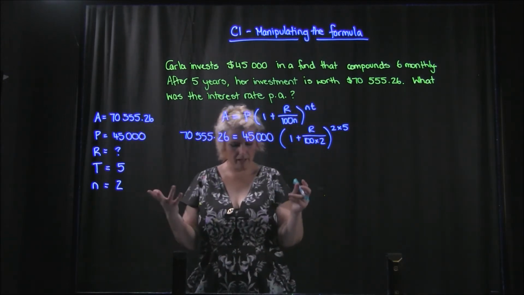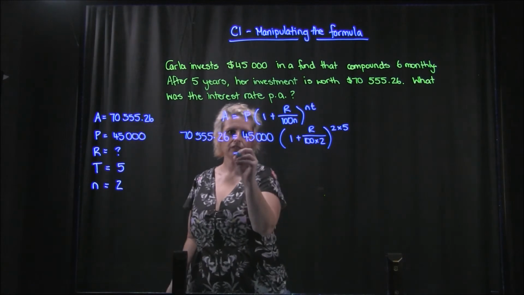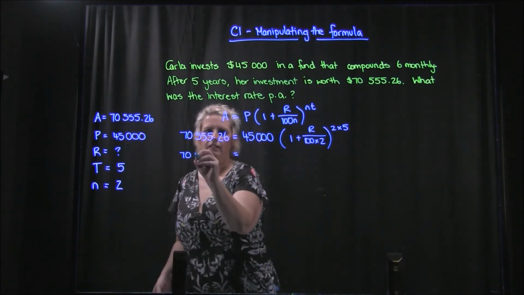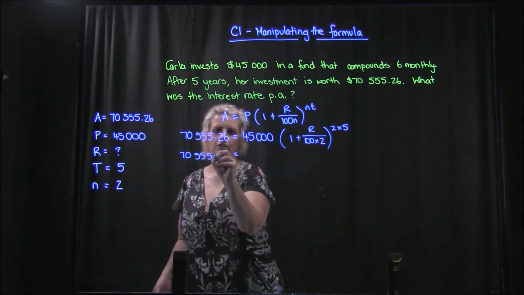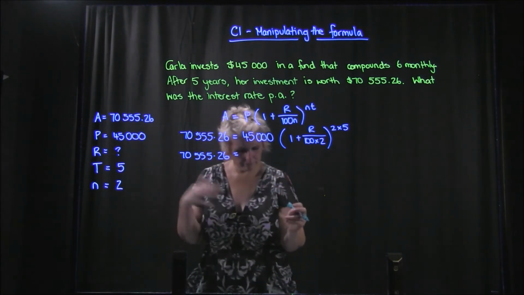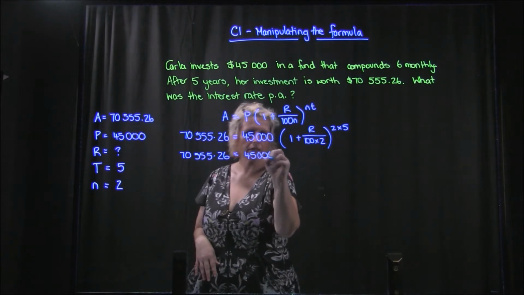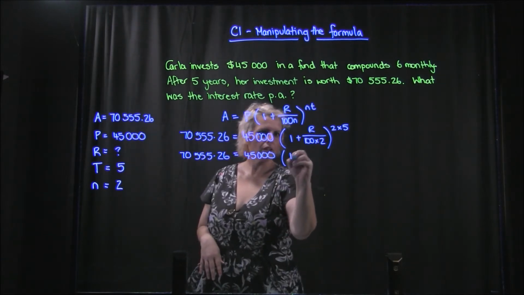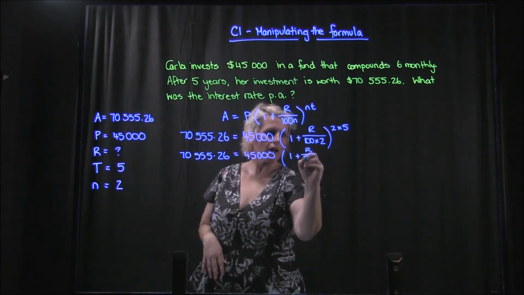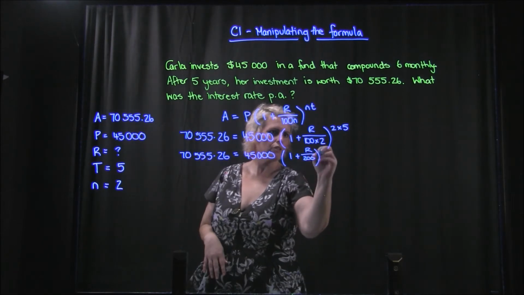Okay, so from there we're just going to simplify that down a little, get my calculator out. So it's still going to equal the 70,000 and whatnot. Do my 45,000. But over here, I can do 1 plus r over 200 to the power of 10.